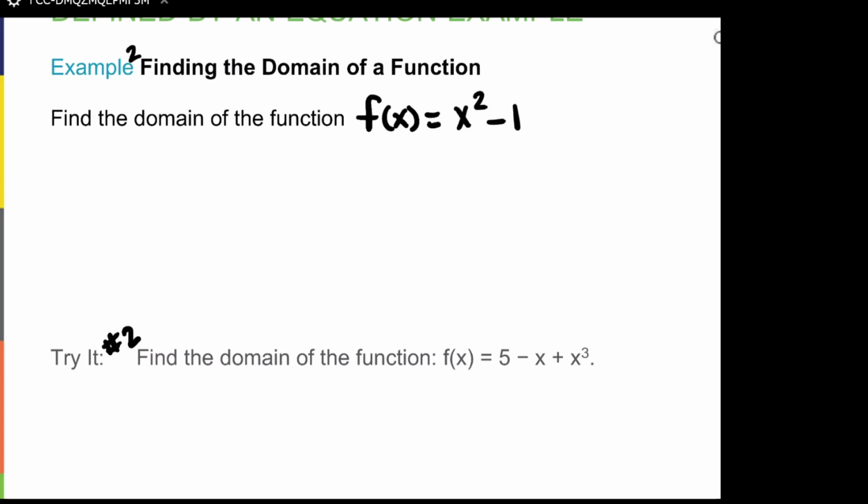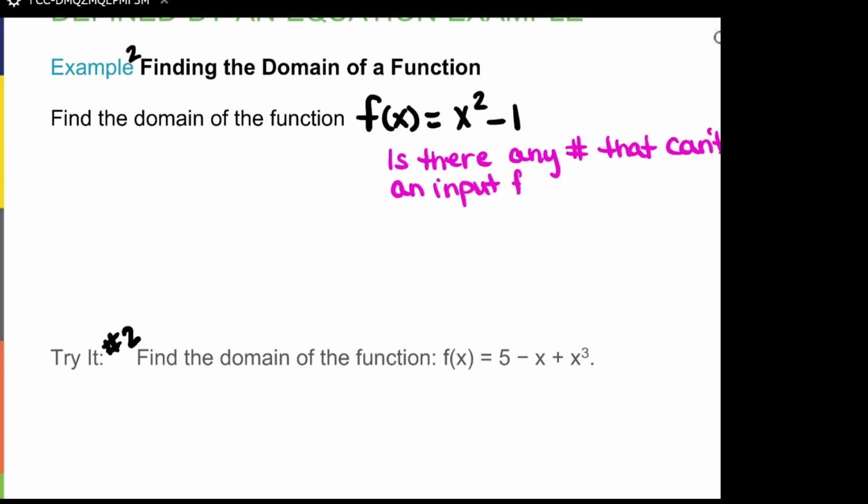So what you need to do is think to yourself, is there any number that can't be an input for x?